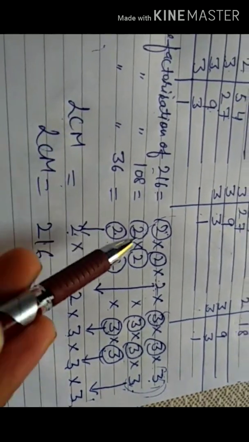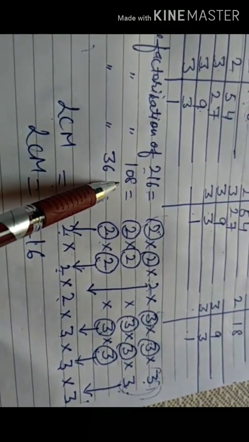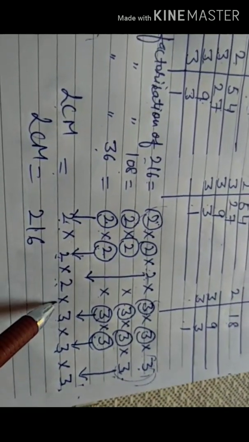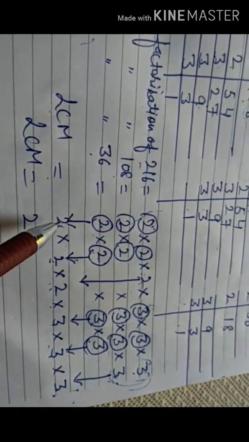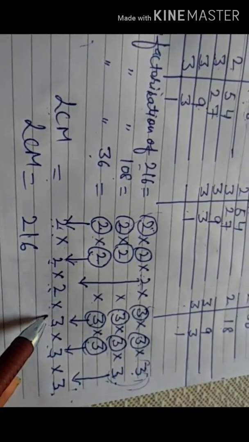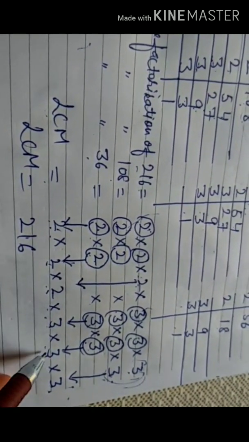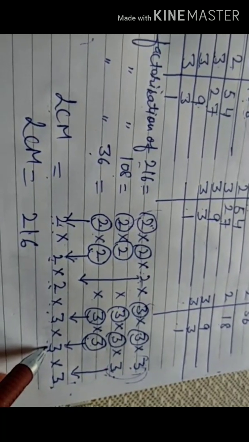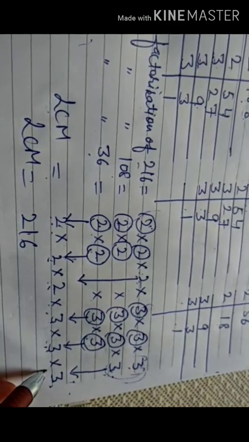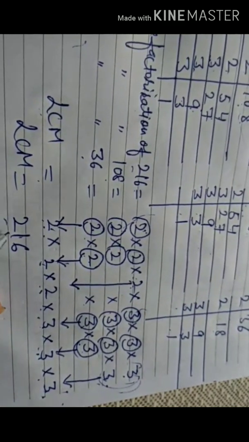Then the LCM of 216, 108, 36 will be 2 into 2 into 3 into 3 into 3 into 3. 2 twos are 4, 4 twos are 8, 8 threes are 24, 24 threes are 72, 72 threes are 216.